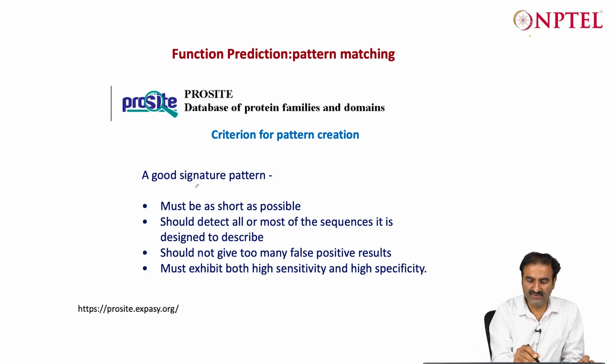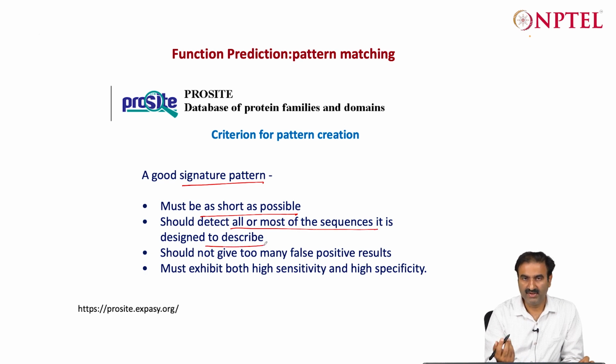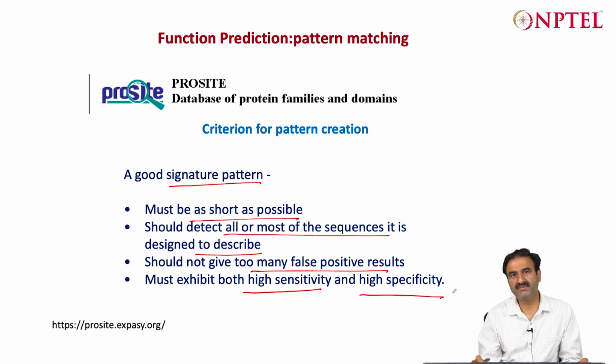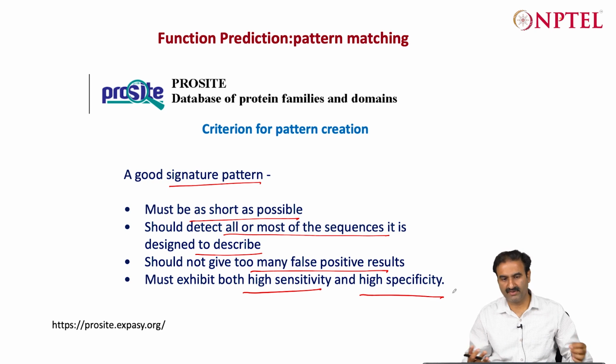That is why a good signature pattern should be as short as possible. It should be able to detect most of the sequences associated with that protein function and should not give too many false positives. It should exhibit high sensitivity, meaning it finds more and more, and high specificity, meaning whatever I am finding should be correct also.